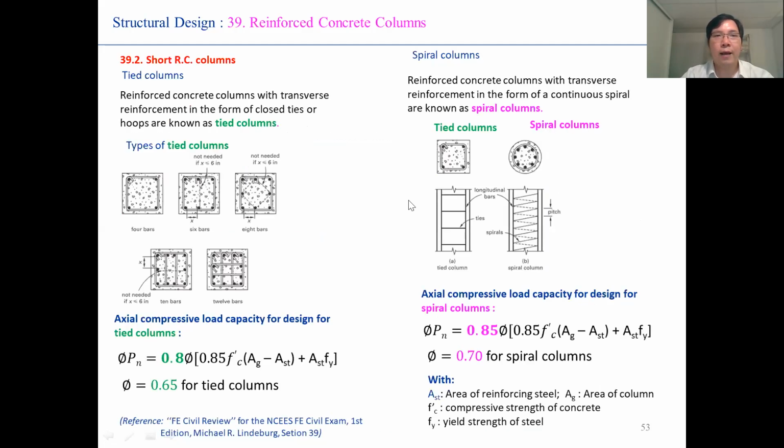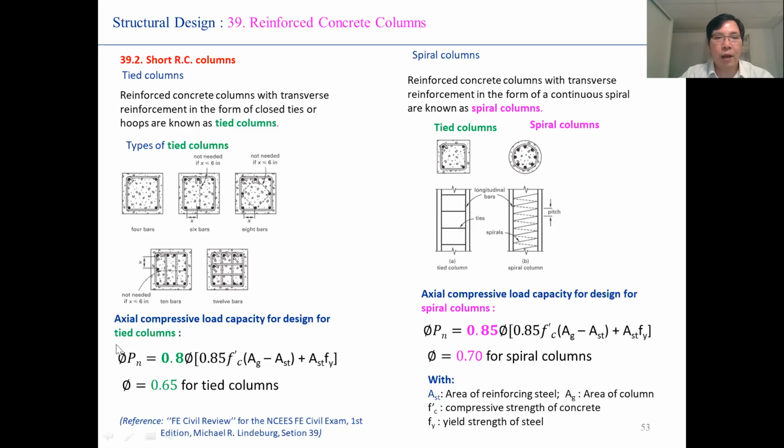And in this slide, I show you the different short reinforced concrete columns: tie column in this part, and spiral column in this part.